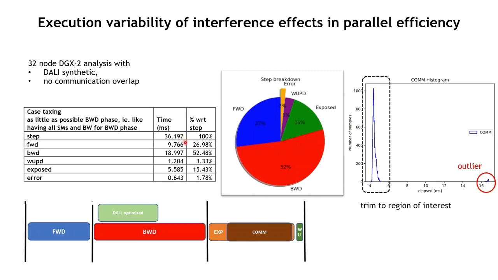Since we're running the same batch per GPU as in the case of the two-node run, all the execution stages take about the same as in the first scenario shown without the overlap. The reason for the increase in the overall time is that the exposed communication time has increased from 2.5 milliseconds on two nodes to about 4.5 milliseconds on 32 nodes.